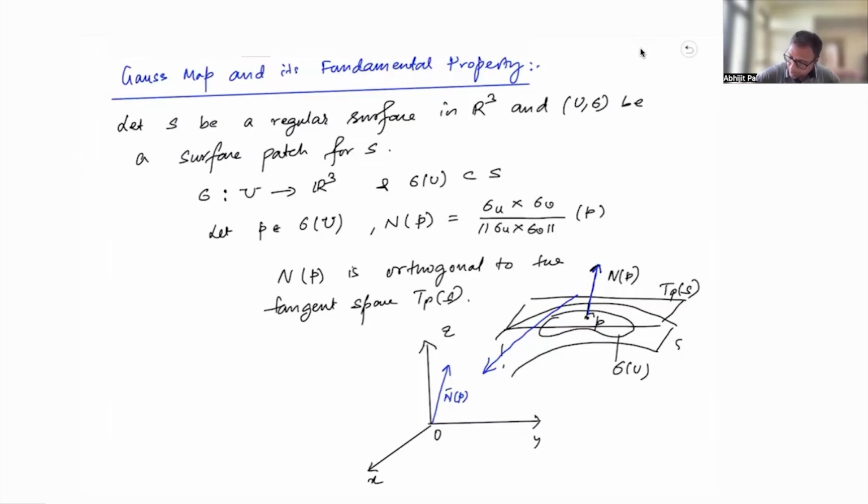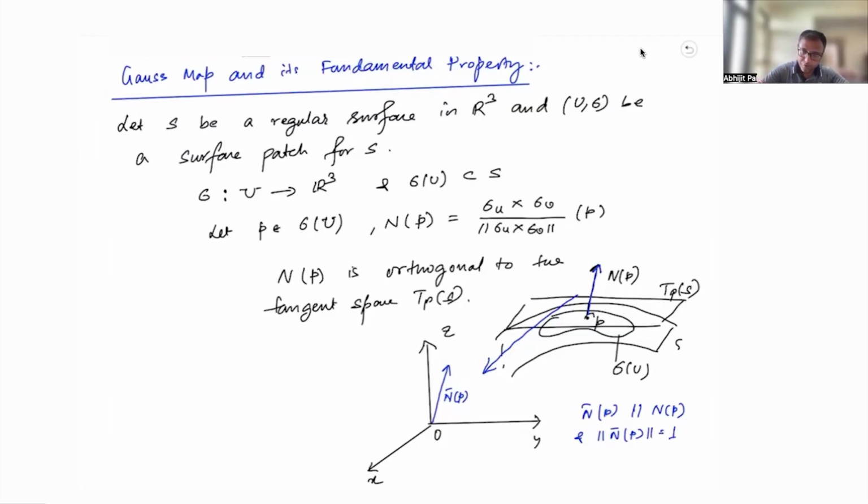Let us call it n bar P. So n bar P is a vector starting from the origin, and n bar P is parallel to N_P. And the norm of n bar P is equal to 1.